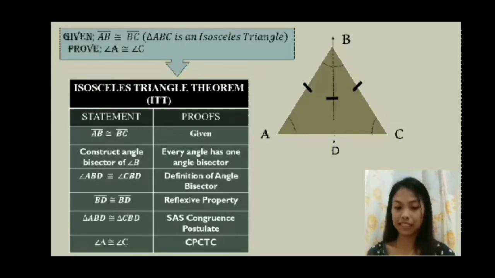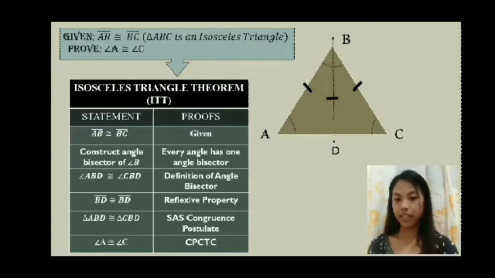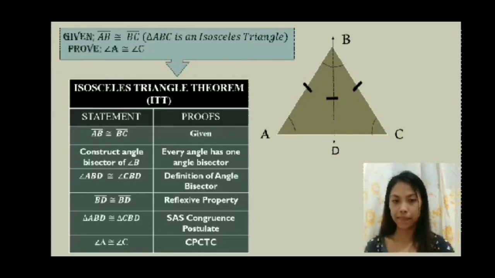So if BD is an angle bisector, we can say that angle ABD is congruent to angle CBD. This is by the definition of an angle bisector. And then for the other congruent side, we can state that segment BD is congruent to itself. This is by the reflexive property.